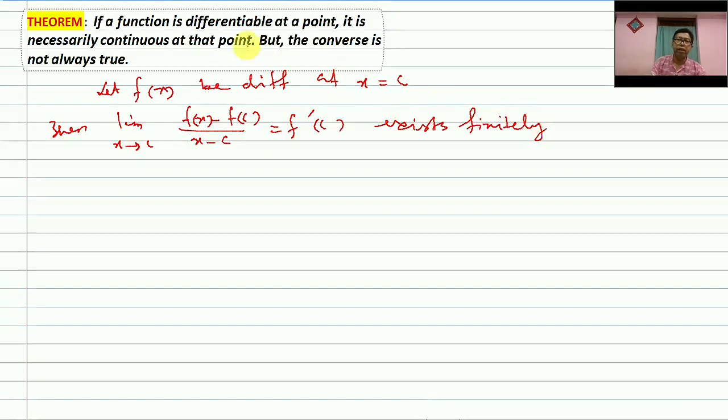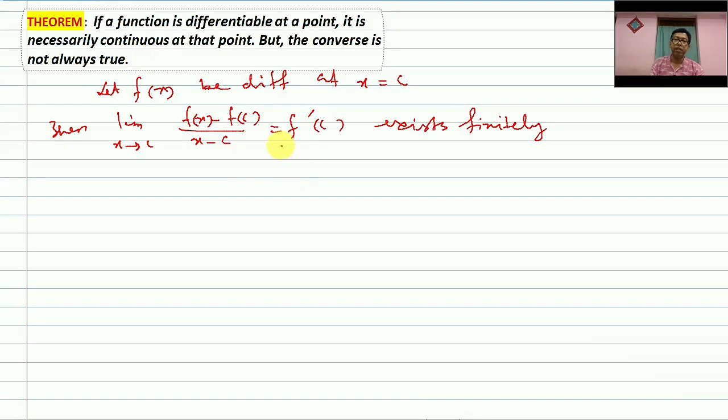Because it is given. If a function is differentiable at a point, here x equal to c, that means f dash c is equal to the limit as x tends to c of f(x) minus f(c) upon x minus c. This exists finitely. Now, since it is given the function is differentiable, what to show? You have to show that the function is continuous.